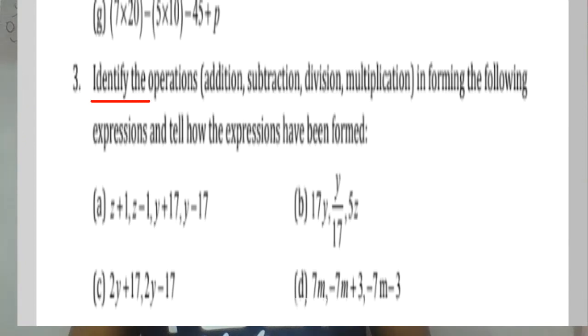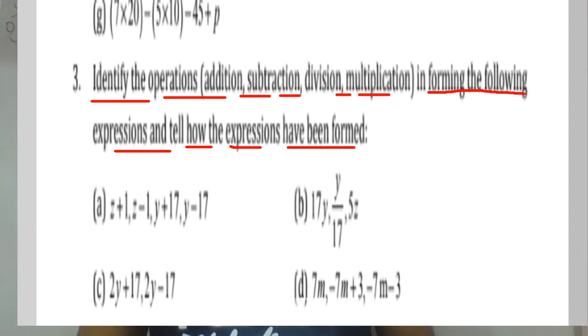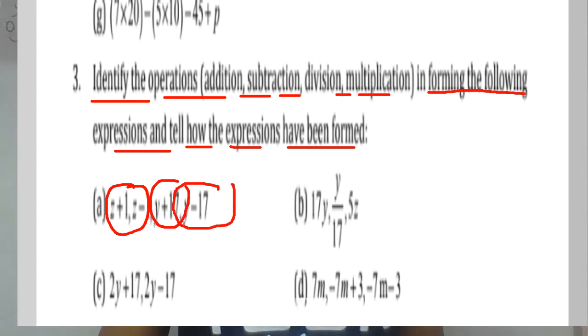Identify the operation, addition, subtraction, division, multiplication, in the following expressions. Tell how the expressions have been formed. Okay, so first is A part. We have z plus 1, z minus 1, y plus 17 and y minus 17.